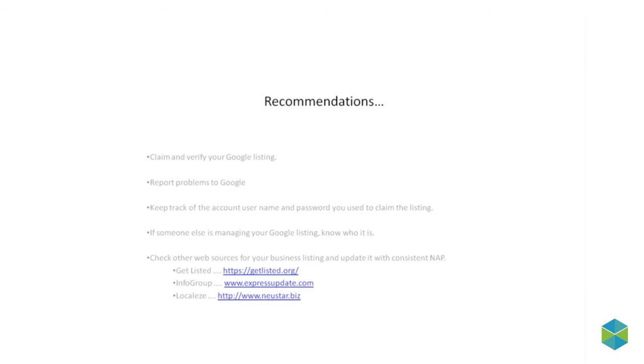And so, that's a service that they provide, and it's a really good service. So that way you don't have to go to every single place where your business is listed online and correct it. That's really time consuming. You can go to just a couple of these places like Infogroup or Localeze, give them the right information, and they will spread that information out to all these other websites.